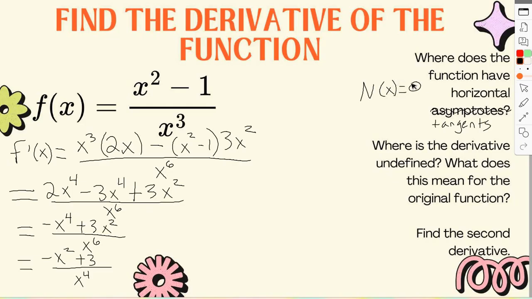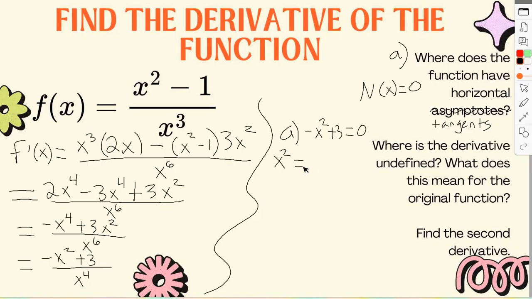equal to 0. Yes? Okay, so what's my numerator? Negative x squared plus 3. So what would we do to solve that? Minus 3. Okay, and then?